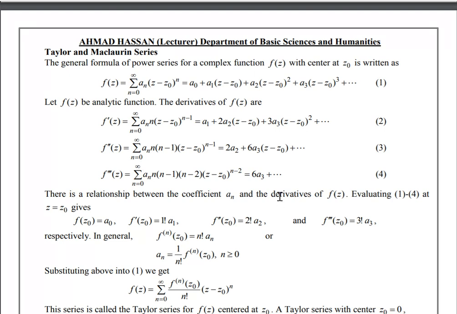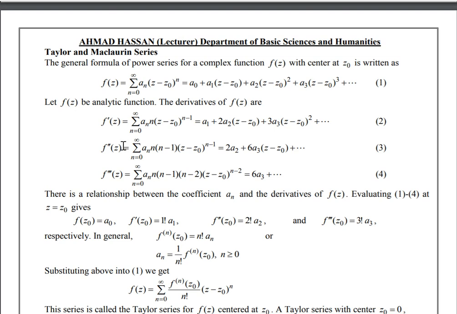Okay, evaluate these terms at z = z₀. For f at z₀, as we replace z with z₀, all terms become 0. We have left a₀, so a₀ is equal to f(z₀).